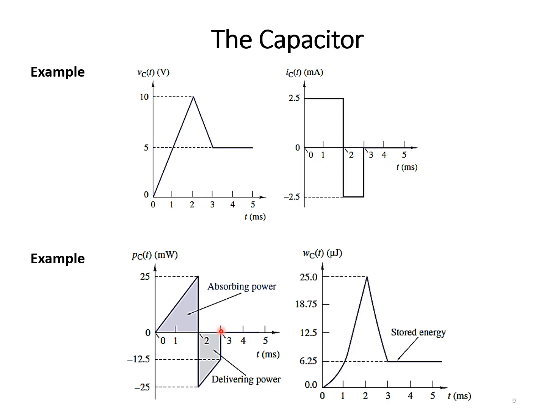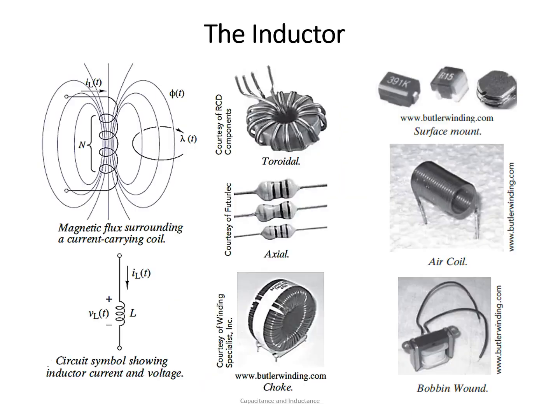And finally it is 0, and in the integration, the level of energy which the capacitor has achieved over here will remain the same, because after that there is no current flowing through it and the voltage remains the same. Voltage is constant and there is no current. There is some energy stored in the capacitor.